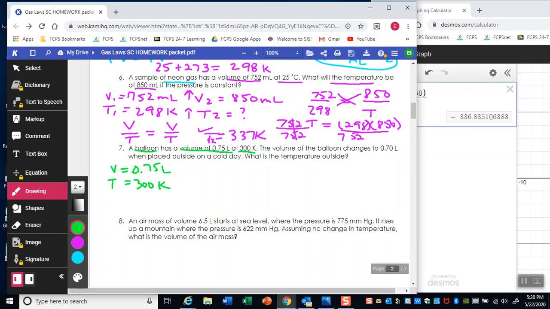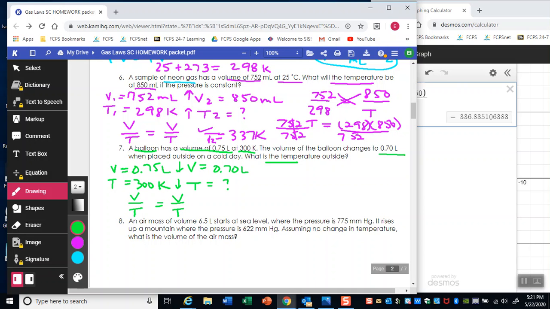And I have a new volume of 0.70 liters, and it says, what is the new temperature? So I don't know the new temperature. So that is Charles' law, right? They're directly related. So my volume went down, so the temperature is going to go down.